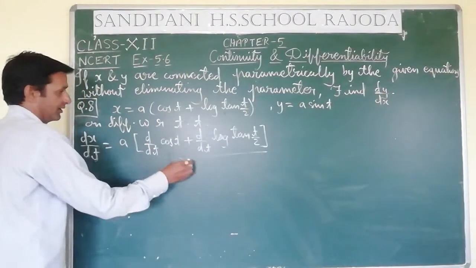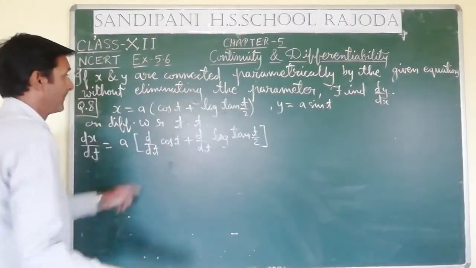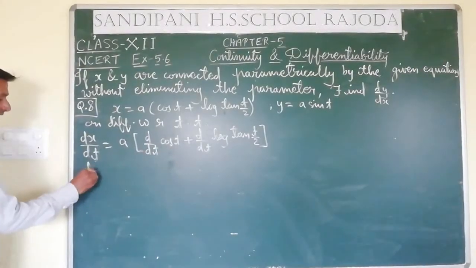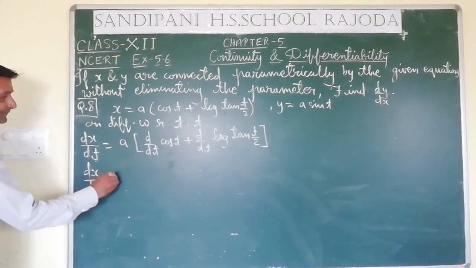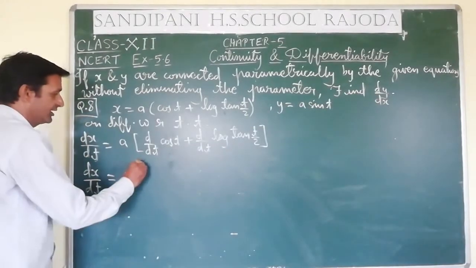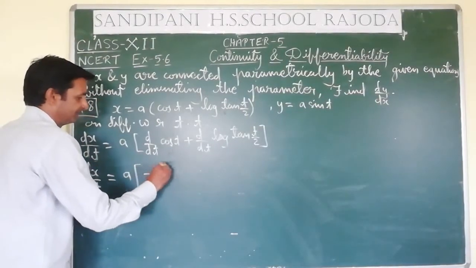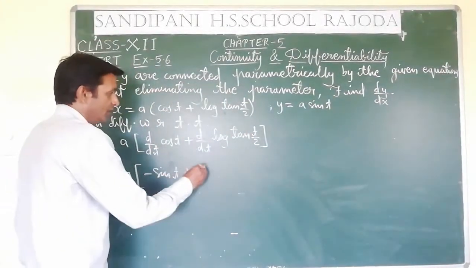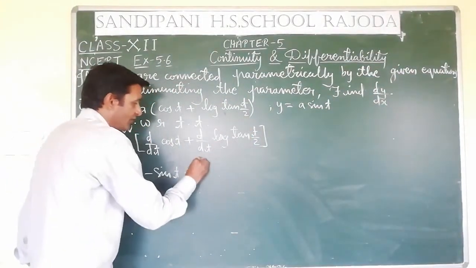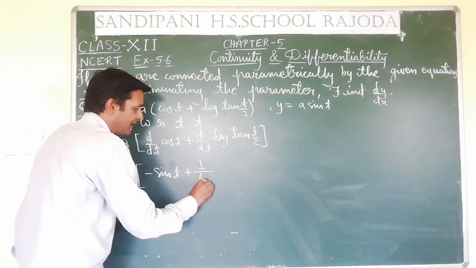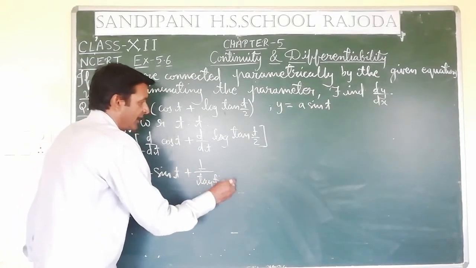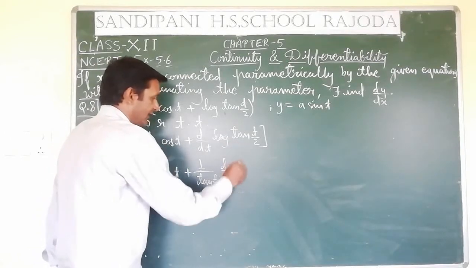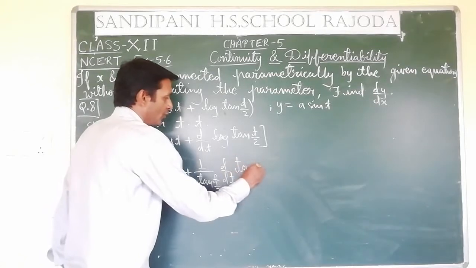Now dx by dt will become a times the differentiation of cos t, which is minus sin t, plus the differentiation of log tan t by 2. Differentiation of log x is 1 upon x, means 1 upon tan t by 2, and afterwards d by dt of tan t by 2, that also we have to do.